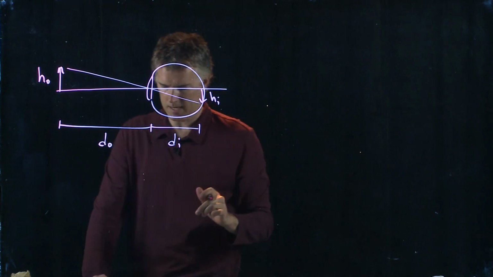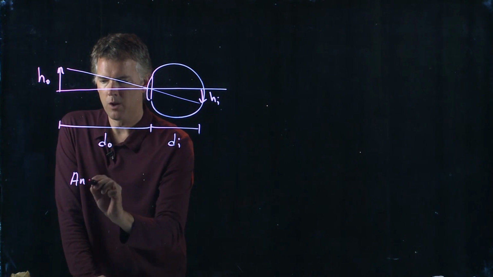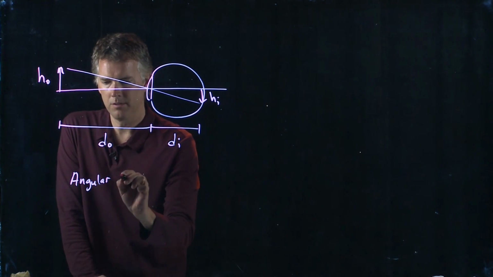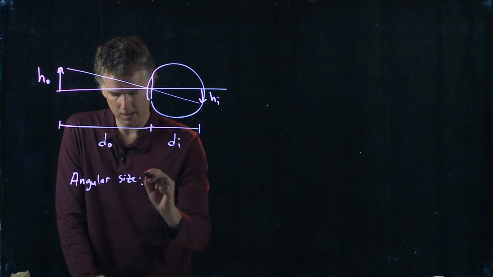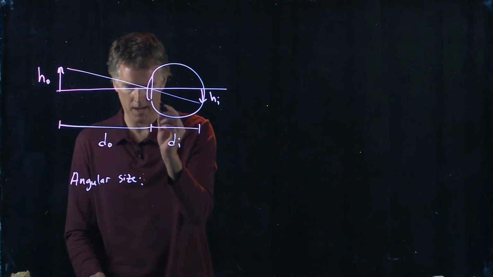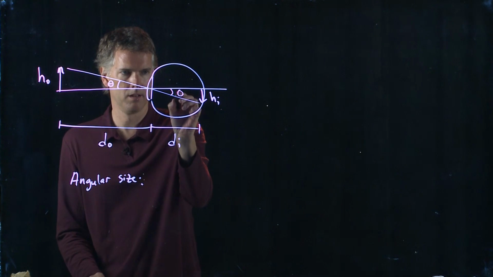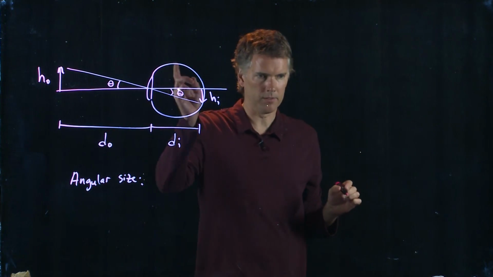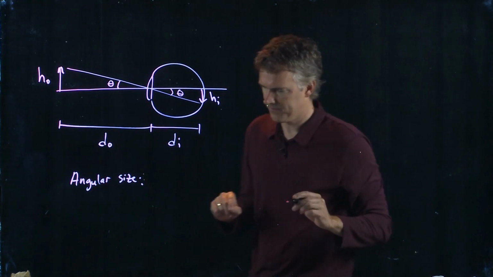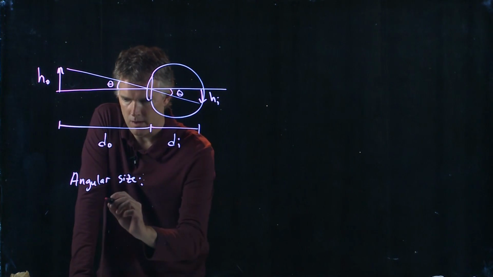And we've got what we can call an angular size to this thing if we define this angle theta. Now, since this ray didn't bend, angle theta there is the exact same as angle theta there. And so we can write the following.